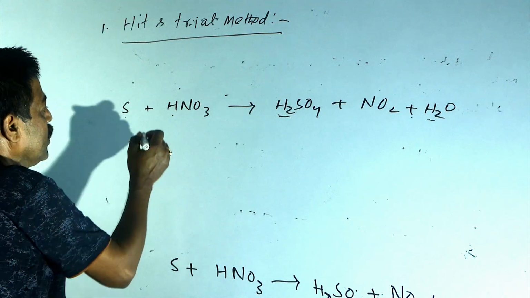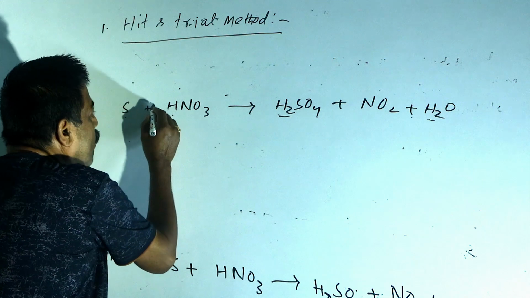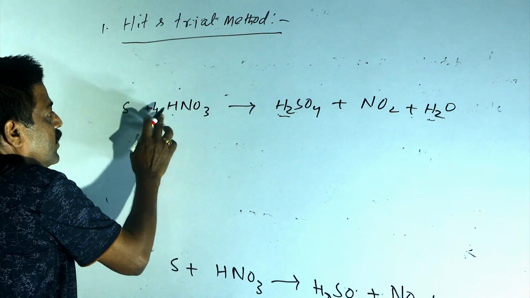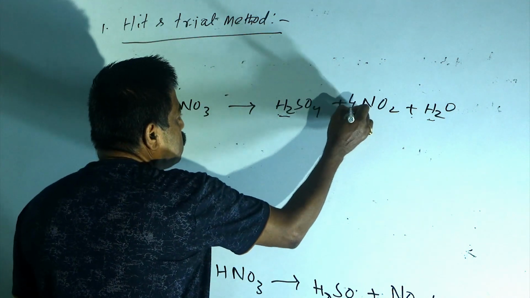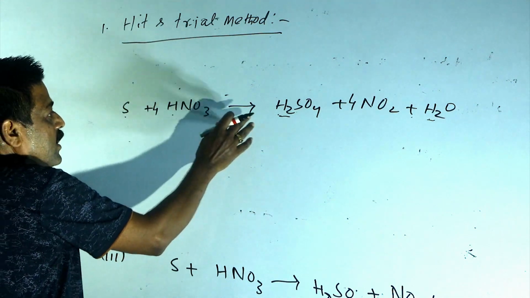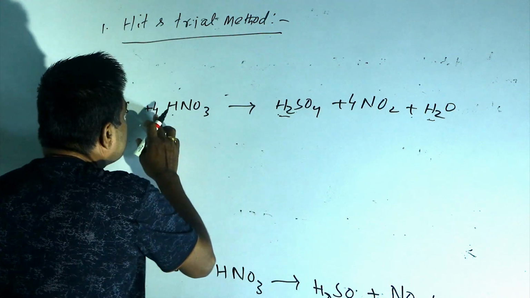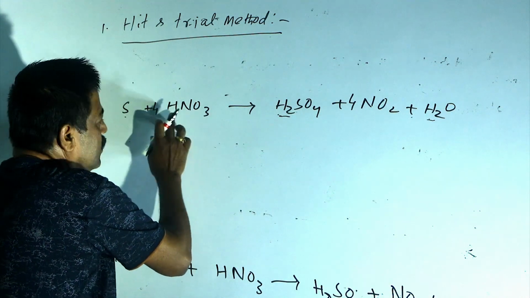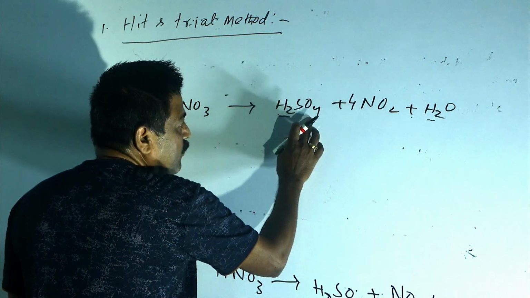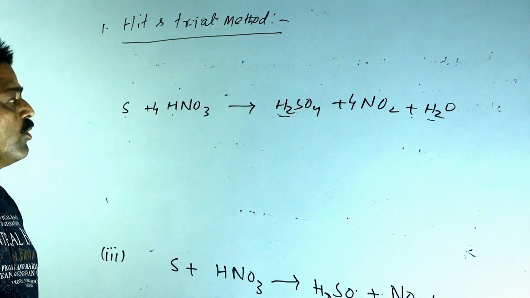When you give 2, let's say 2 into 2, 4, and when you give 4 here, then 4 hydrogen atoms, but 4 nitrogen atoms, so you have to give 4 NO2. Here 4H, here 4H, 4N, here 4N, but oxygen atoms become 4 into 3, 12, but here 4 into 2, 8, plus 4, 12, and here is 1.